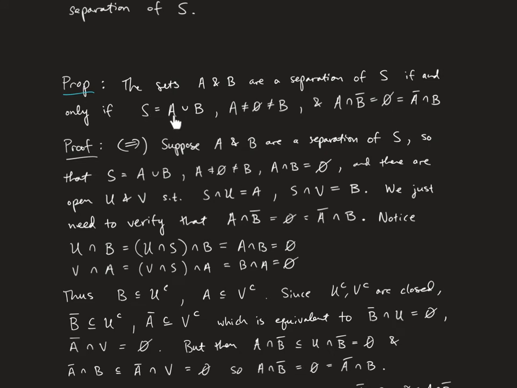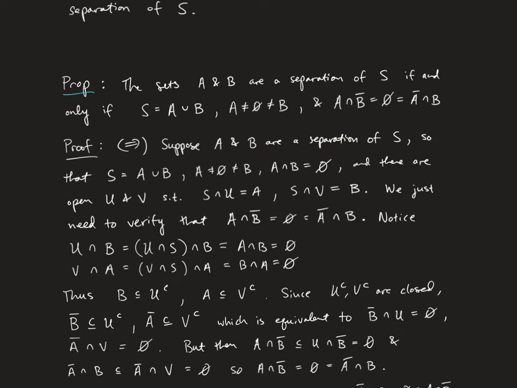So a set is connected if anytime you write S as a union of non-empty disjoint sets, you have the failure of this condition, because connected is the negation of this condition. If these things hold, then this thing must fail.